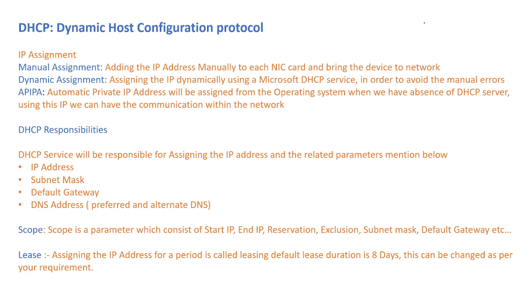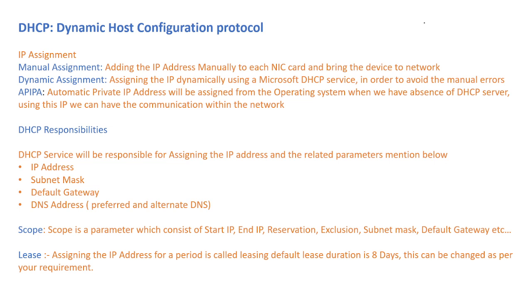Sometimes you keep the option to obtain the IP address automatically, but for some reason the DHCP server is not available in the network. You are searching for the DHCP server and not able to get it. At that time, another address will be assigned by the operating system, which is called APIPA.